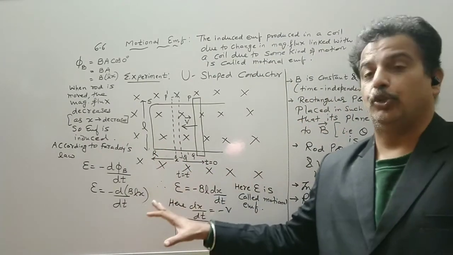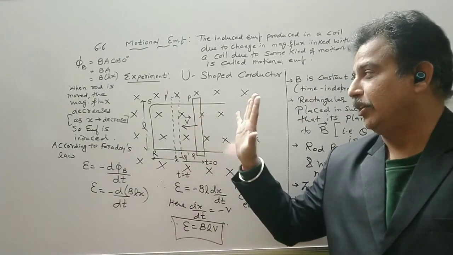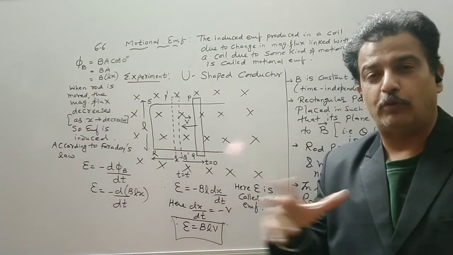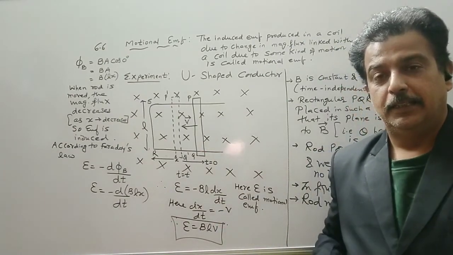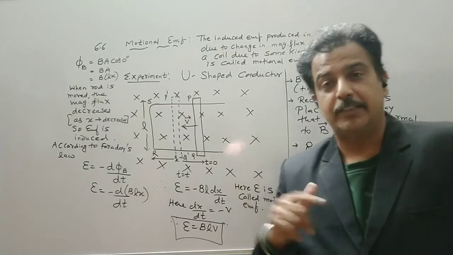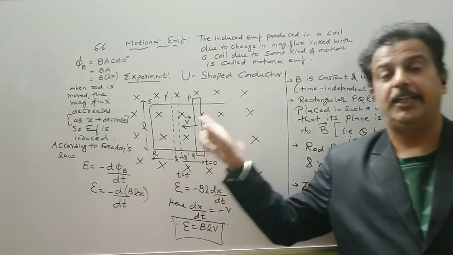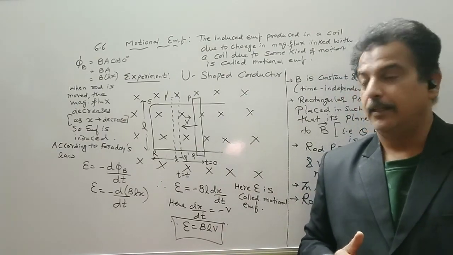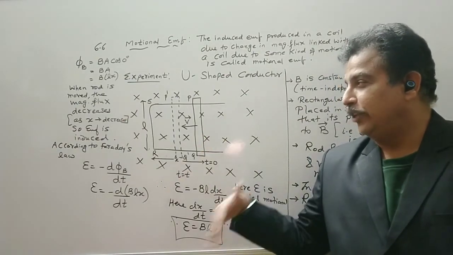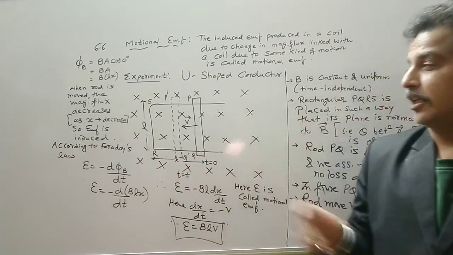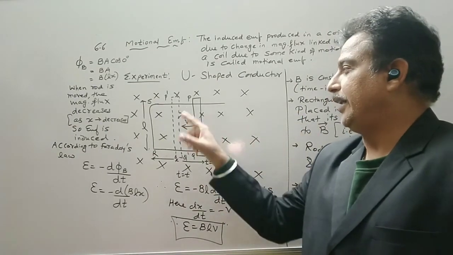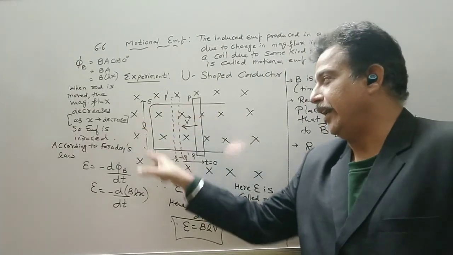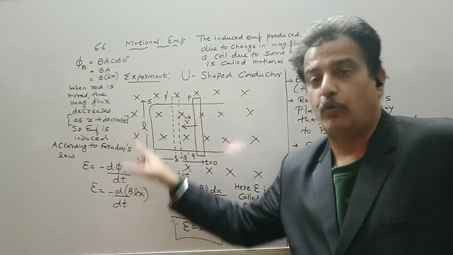Now EMF is induced. It means the current is induced, so current should flow in this loop. Whether the current should flow clockwise or anti-clockwise, that you have to decide. We will discuss the direction of the induced current with the law we studied in the previous lecture. First try to decide by yourself whether the current should flow in the direction PSRQP, that is anti-clockwise, or clockwise.